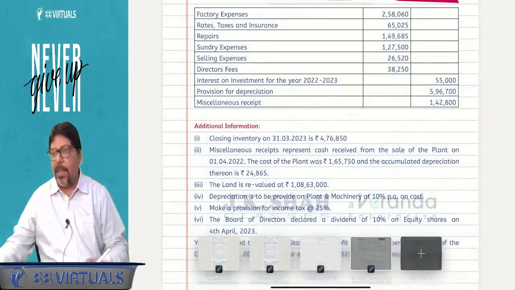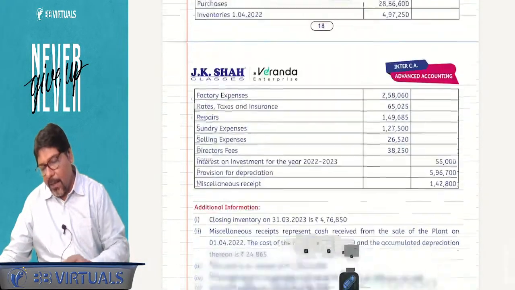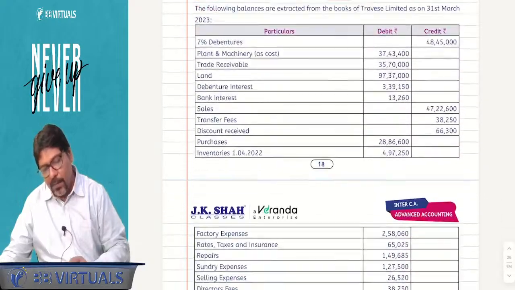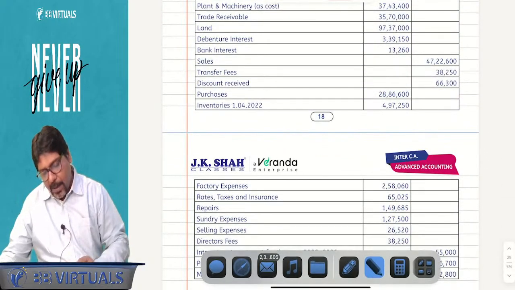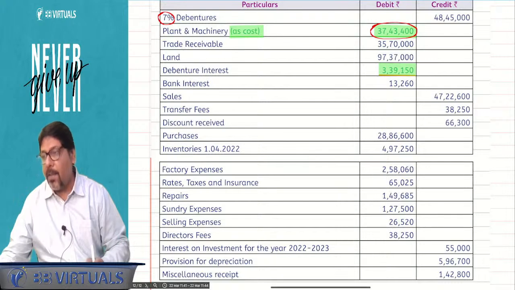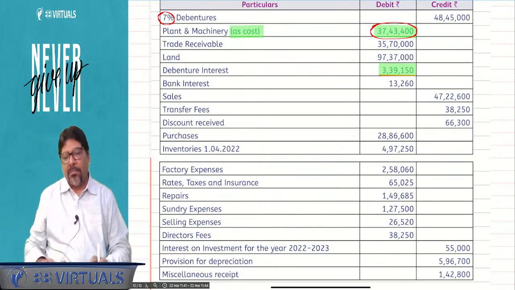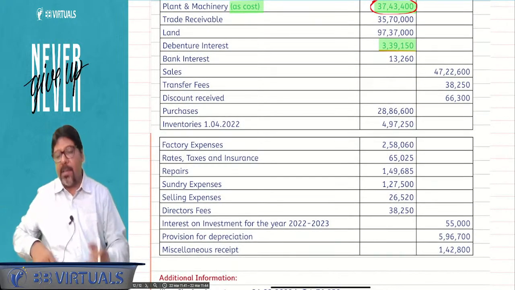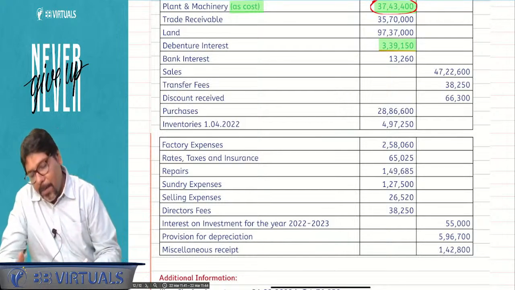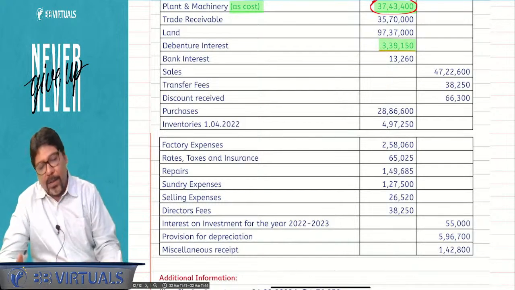But how much interest have they given? 339,150. Oh my God, what to do now? So much extra interest, that is prepaid, that we will check. Bank interest 13,260.